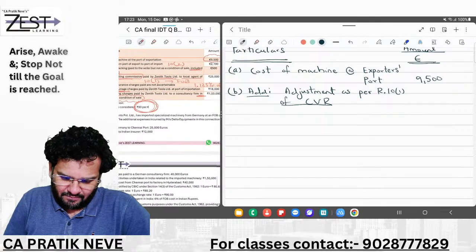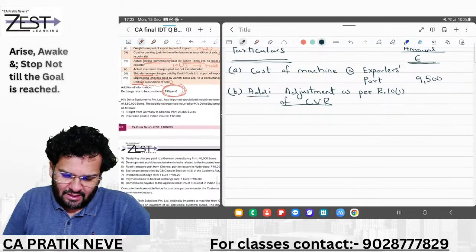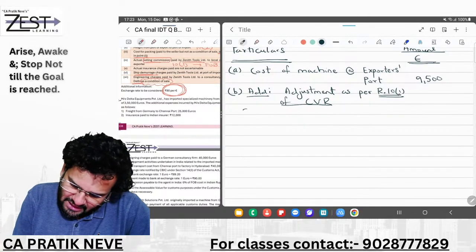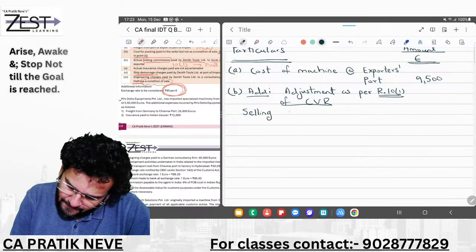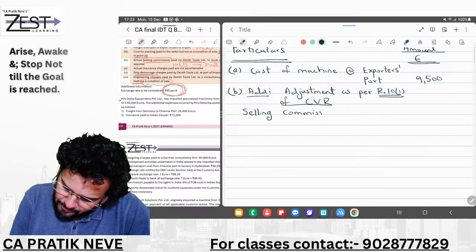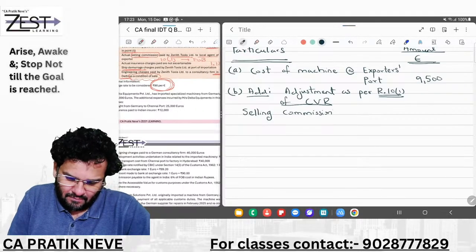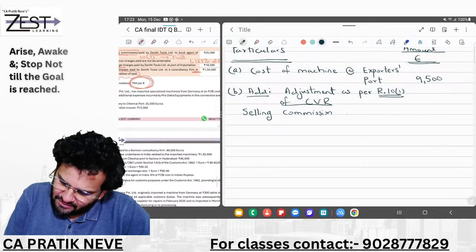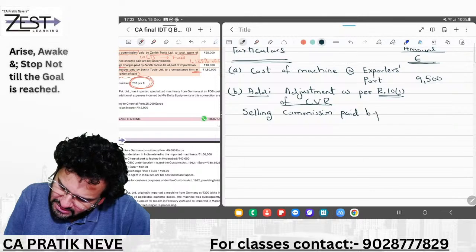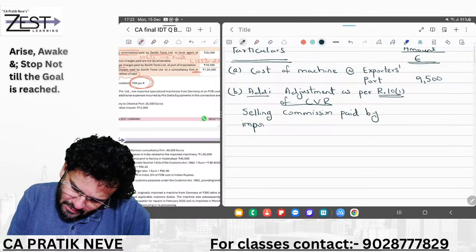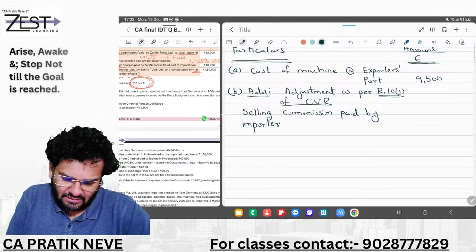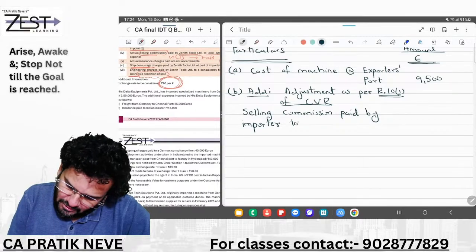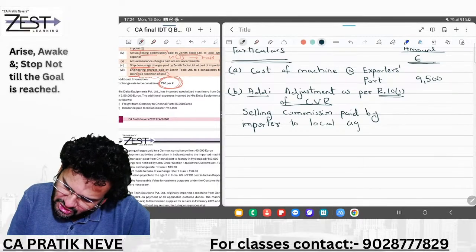Cost of packing is already included, don't do anything. Selling commission, yes. So the 10(1) adjustment is selling commission paid by importer to a local agent.